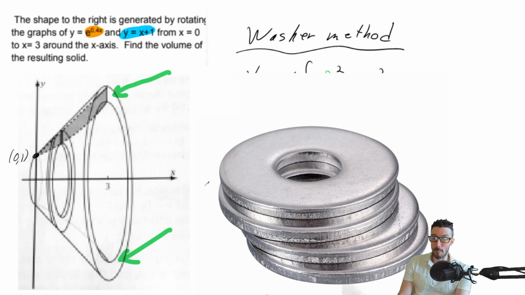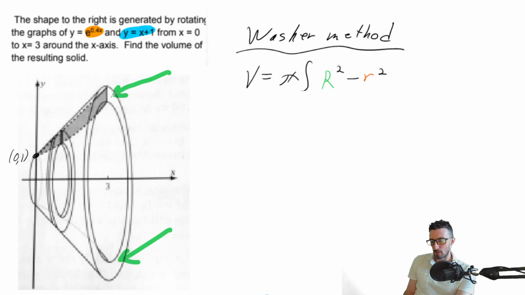Bad memories, right? So they showed you there's a washer there. You could have tried to figure it out yourself. That is going to be the washer method. It's the first method you should always try when you're doing volume. If that doesn't work, then you try the shell method. But the way the washer method works is you always need an outer radius and an inner radius.